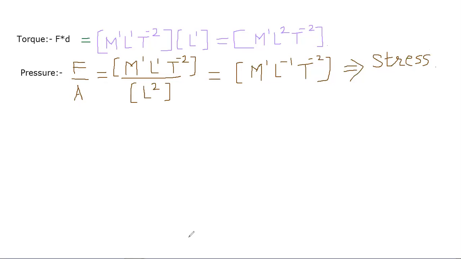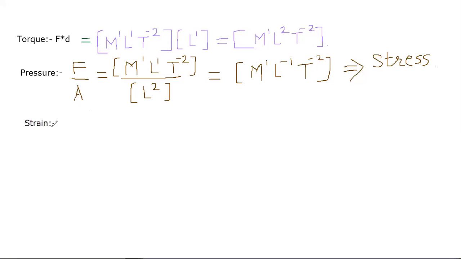After that, there is one more quantity, and that quantity is strain. So how can you find the dimensions for the strain? What is the strain? In Newton's law of viscosity, you have the rate of shear strain, right?